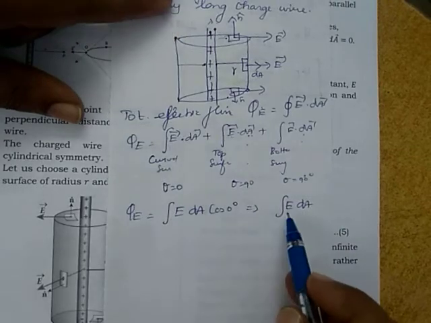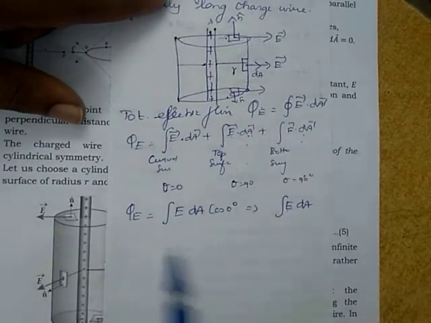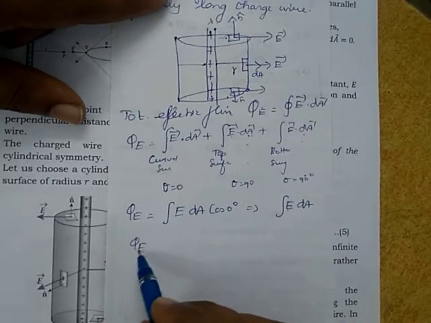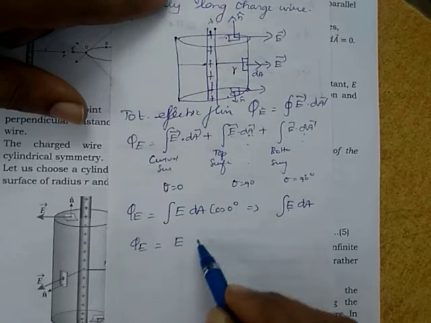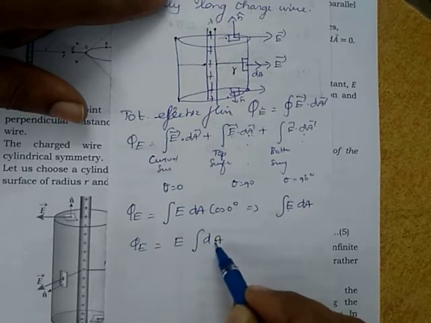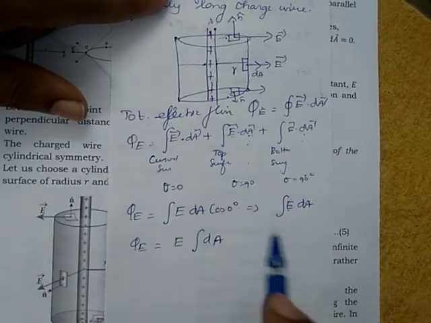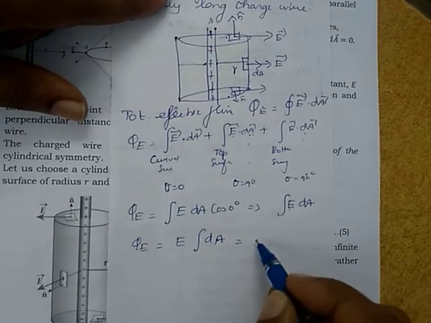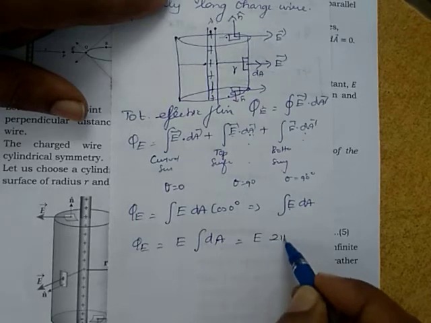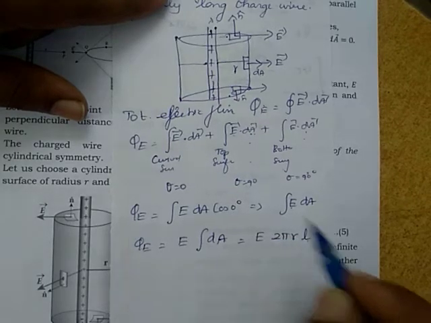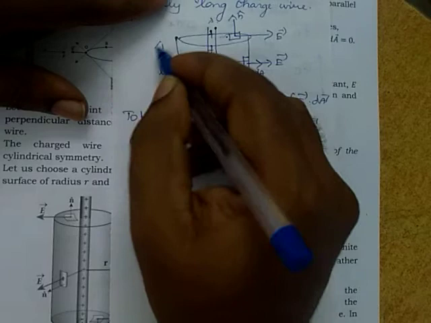Here the electric field on that curved Gaussian surface will be the same, so taking E out of the integral, we have the integral of dA. Integrating dA gives the area, that is the curved surface area of the cylinder, 2 pi RL, so we get E 2 pi RL. Here L is the length of the cylindrical surface.